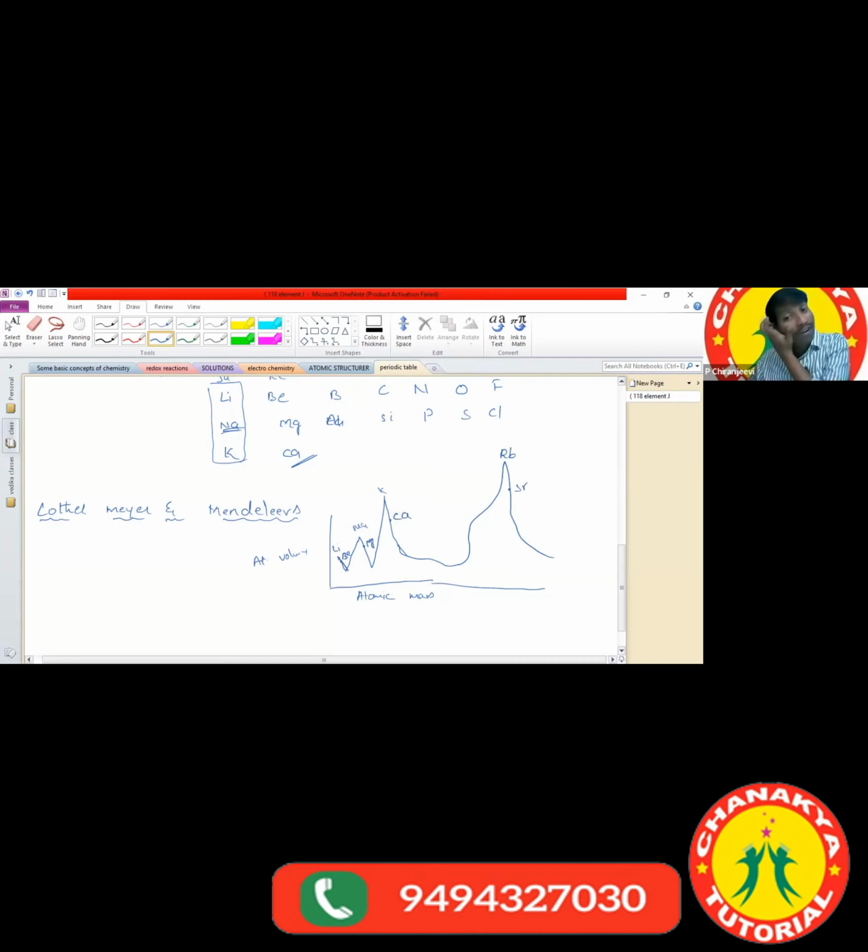Whenever it is going in the downward direction, that is what we call the descending part of the curve. Clear? Next, halogens: which elements can we call halogens?